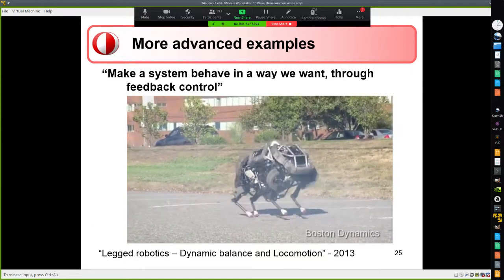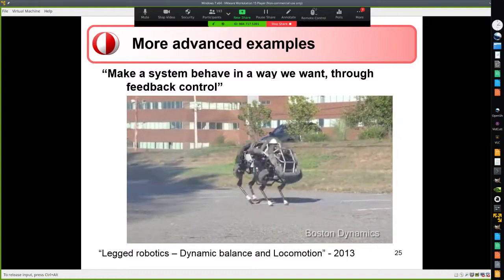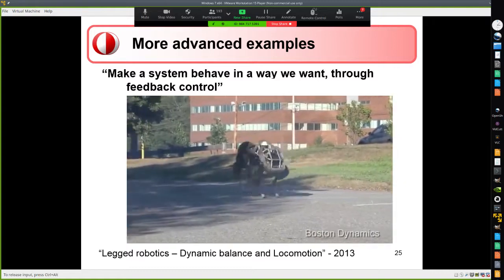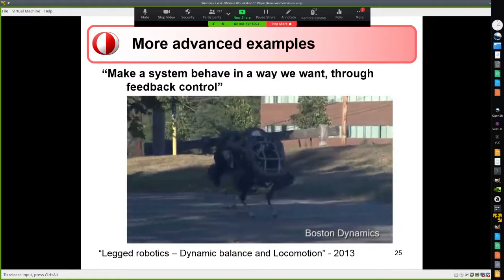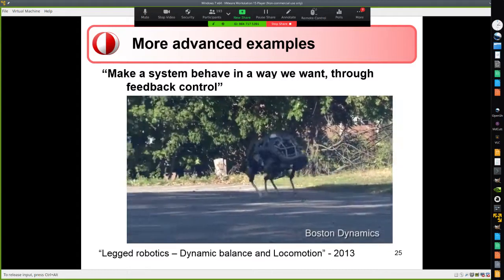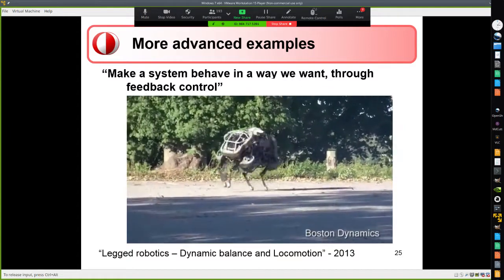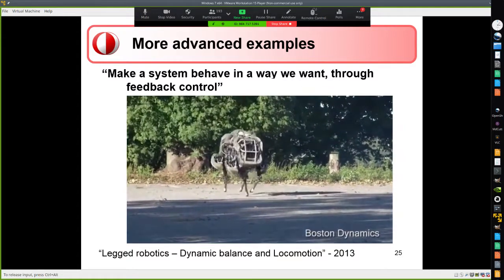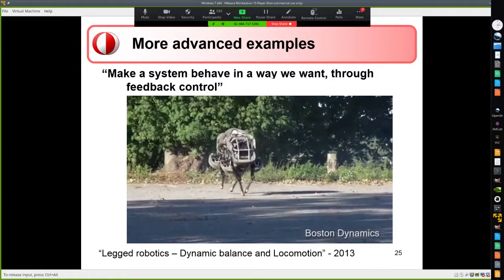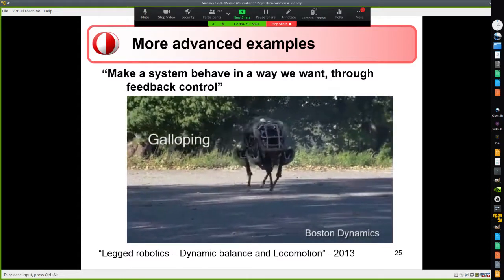So there is again a lot of control being done at different levels at this point. But the main task here is locomotion. So you are trying to move this huge robot on its legs dynamically, running, jumping, turning, and there is a lot of interesting problems around this platform.